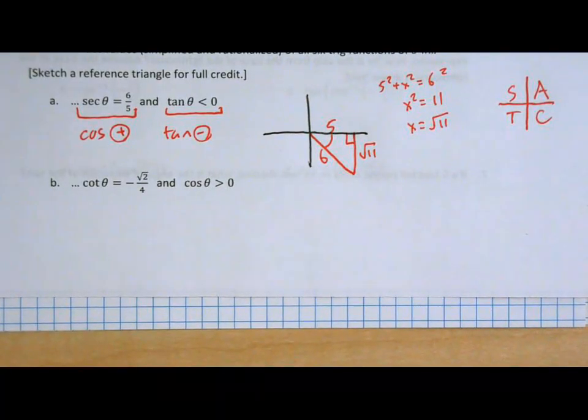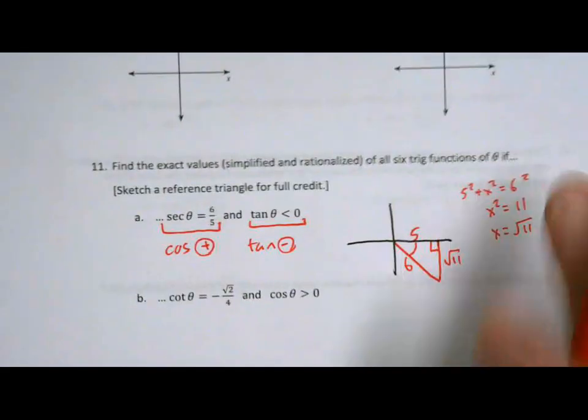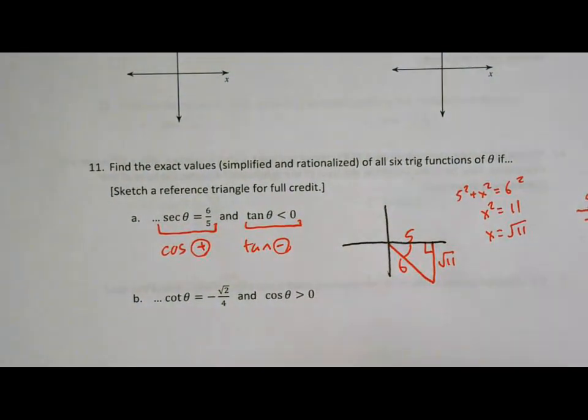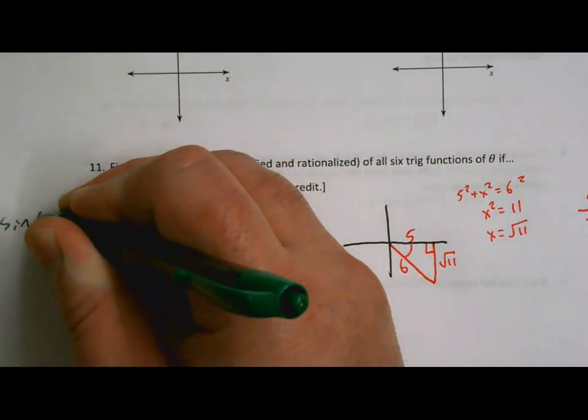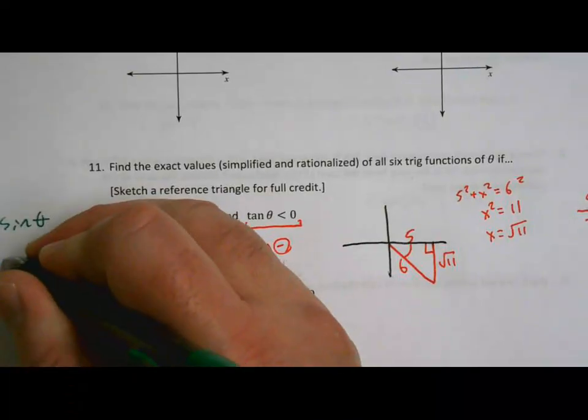So far, so good. And then on the actual test, I'm not going to ask you to find all 6 of them. I'll only ask you to find 2 more. So let's just practice doing a couple of these. Based on that, we should be able to come up with answers for, let's do sine theta and cotangent theta.